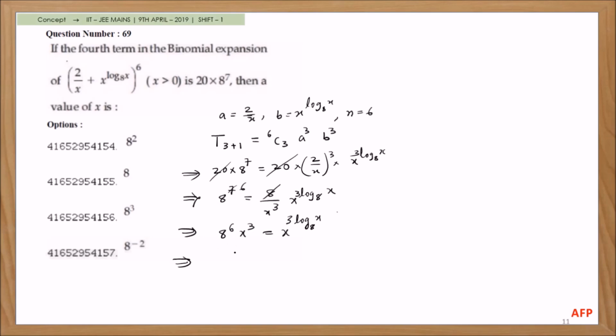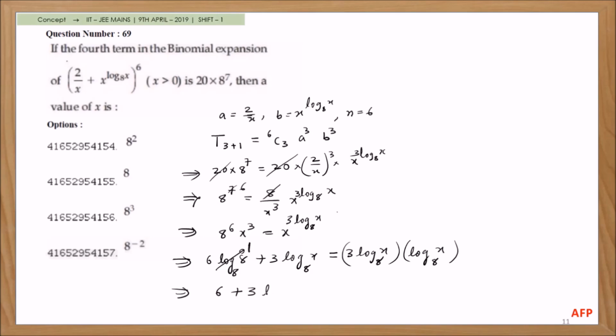Applying log on both sides to the base 8. As we all know, the log of any number to the base of itself is 1. So we have 6 log 6 plus 3 log x to the base 8, and 3 times log x to the base 8 whole squared.